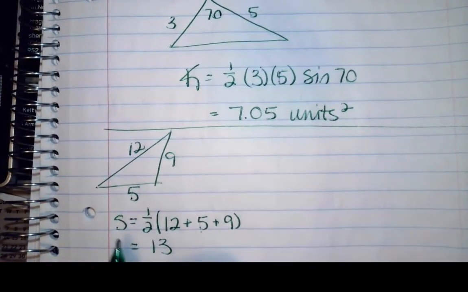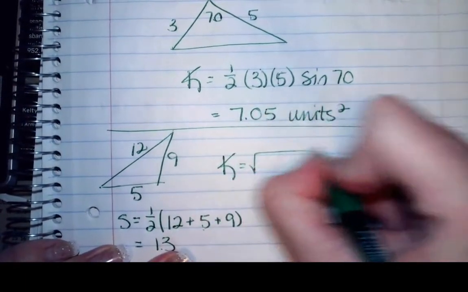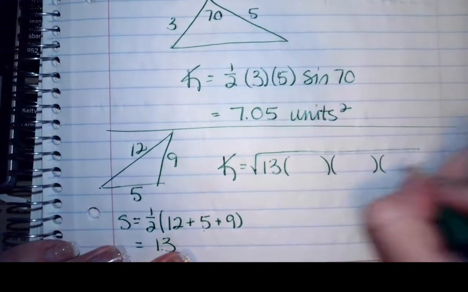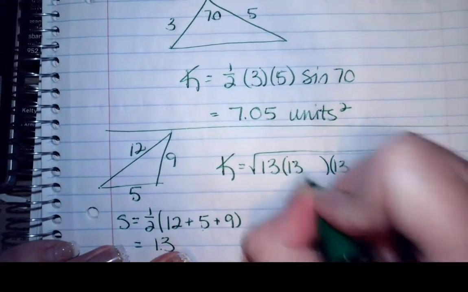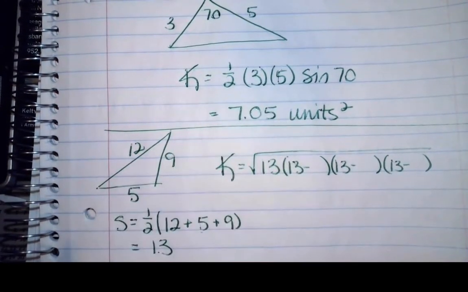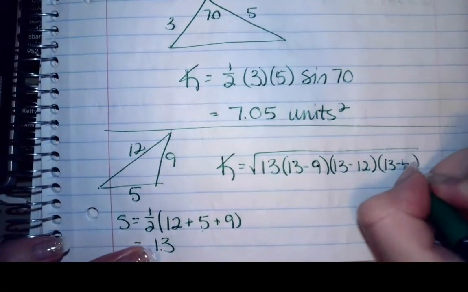So I know that S is 13, so I'm going to find this by using S times 13 minus each of the sides. So 13 minus 9, 13 minus 12, 13 minus 5.